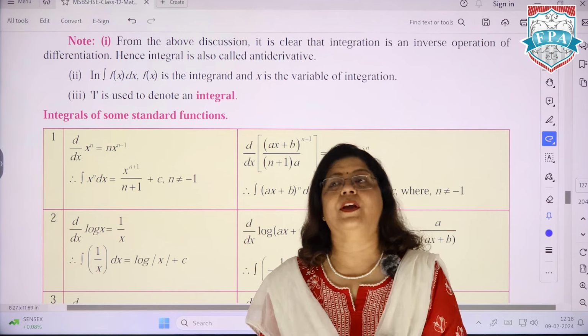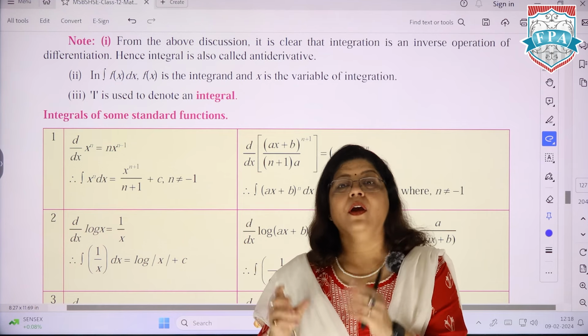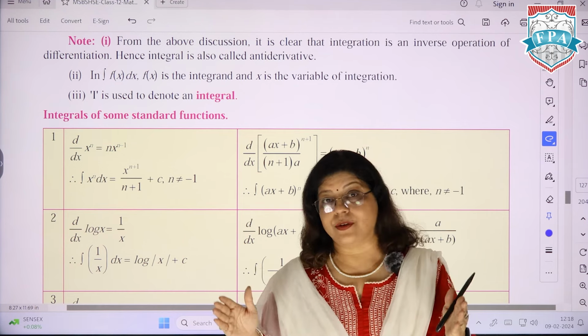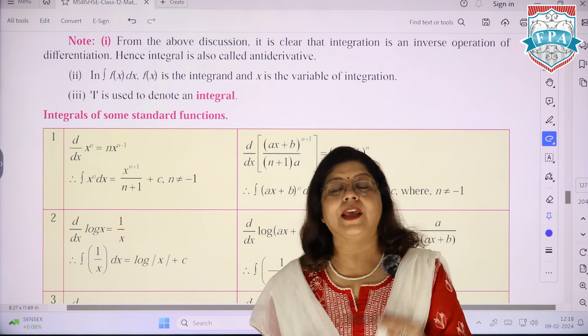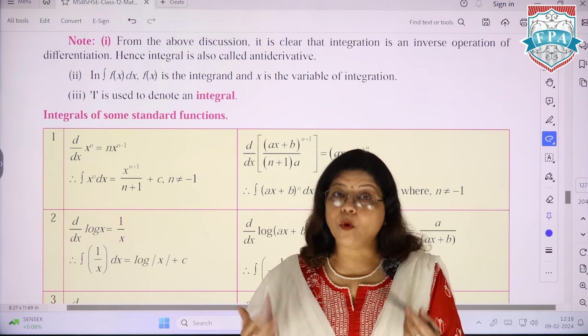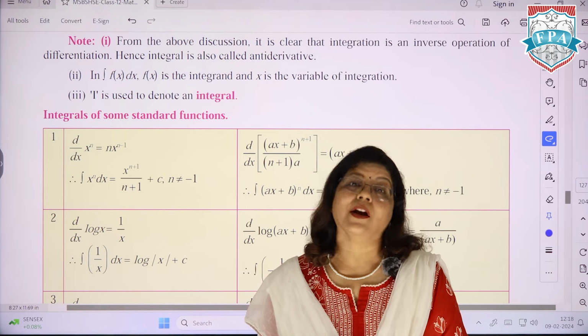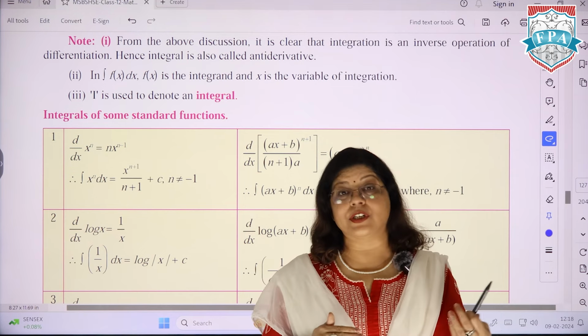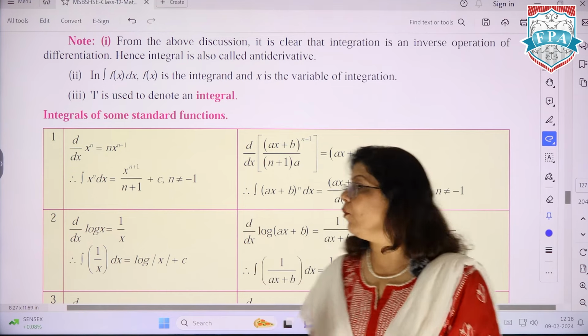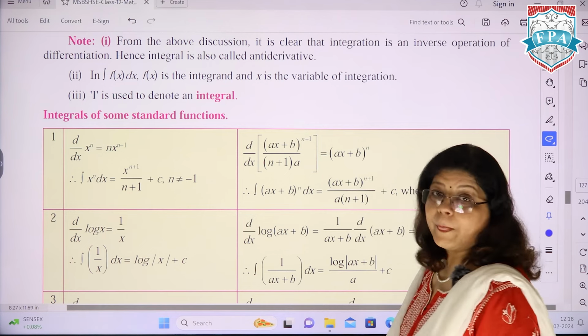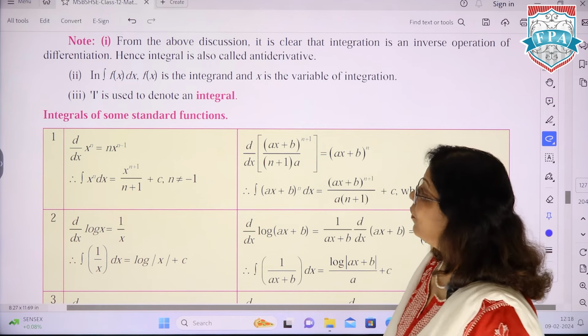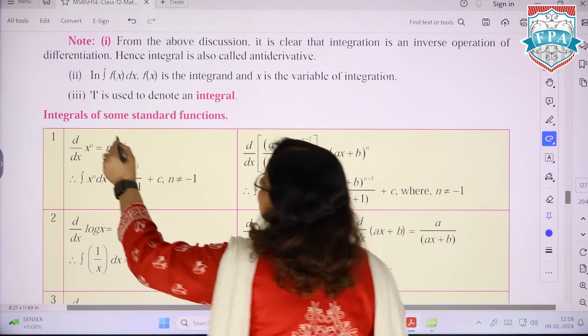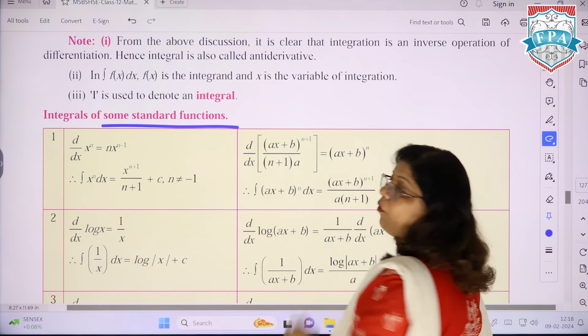Definitely one rule will be there for uv, but that also has a lot of restrictions, and we don't have something like u by v. So in most cases, we have to first simplify the question in such a manner that we are able to solve it. So first, let's have some standard function formulae of integration.